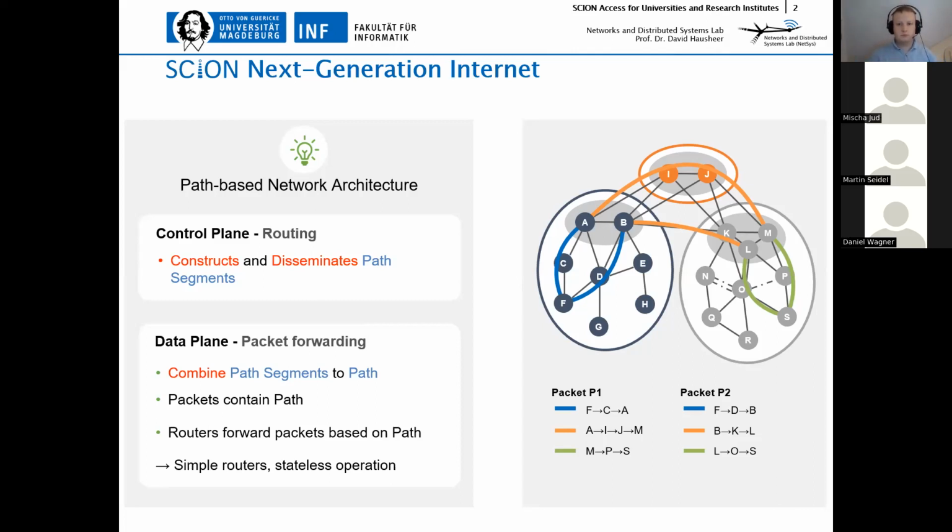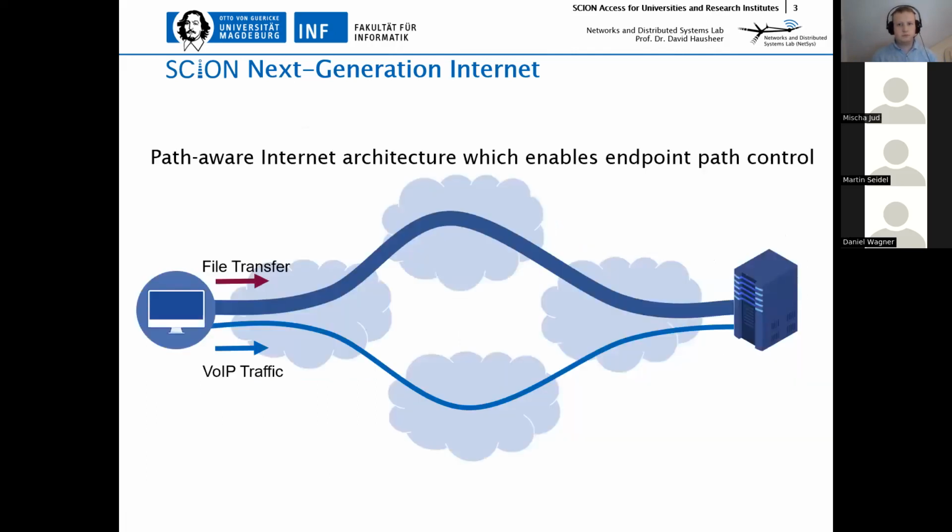So the end host decides which paths those packets shall take in order to reach the corresponding destination. Now, this path awareness opens up an entire new set of opportunities for applications.